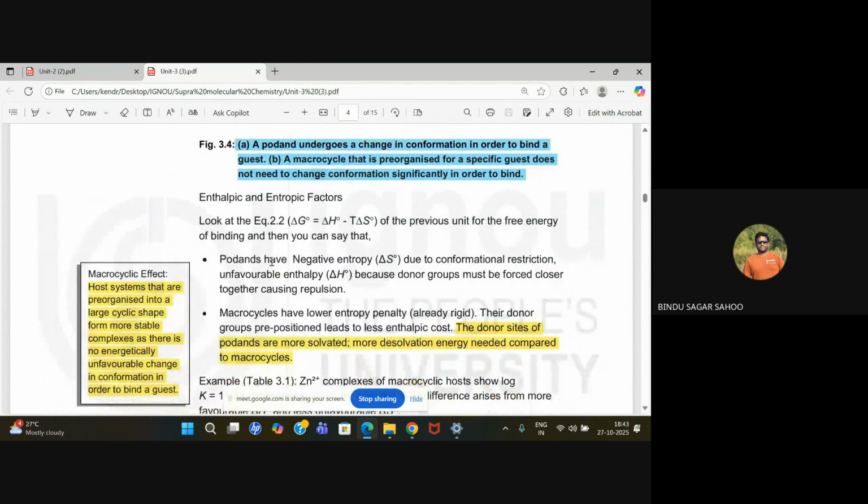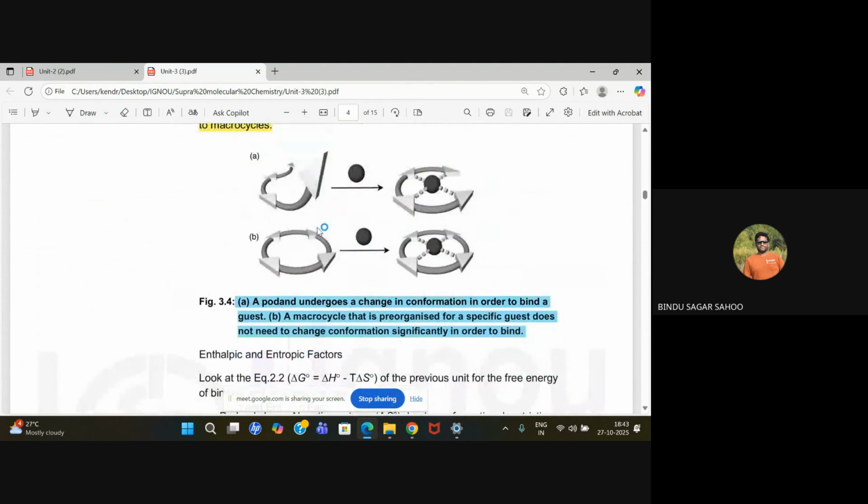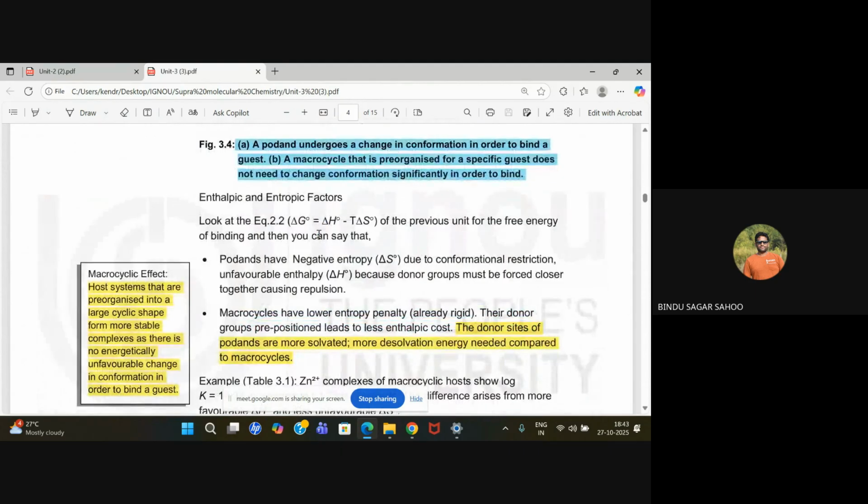In the podand case, negative entropy occurs due to conformational restrictions. Unfavorable enthalpy change occurs because the donor groups must be forced closely together, causing repulsions. So in podand complexes, these two terminal ends sometimes create some repulsion within themselves, and due to this repulsion there is some negative entropy.